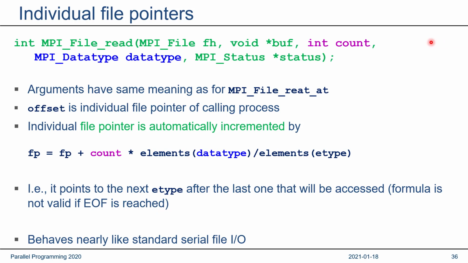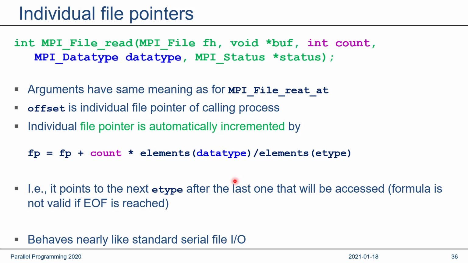If you want something closer to POSIX behavior, here's individual file pointer semantics, MPI_File_read. You read count elements of the etype, and the individual file pointer is then incremented, automatically advanced to the next position using this formula: count times the number of elements of the data type divided by the elements of etype, which means after the read operation, the individual file pointer of each process points to the next etype after the last one that will be accessed.